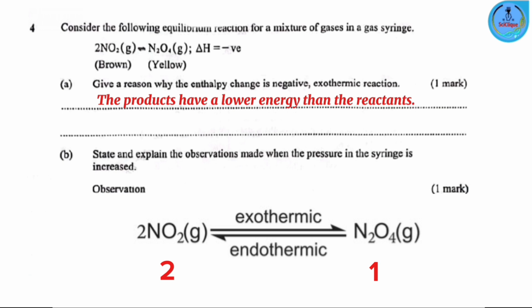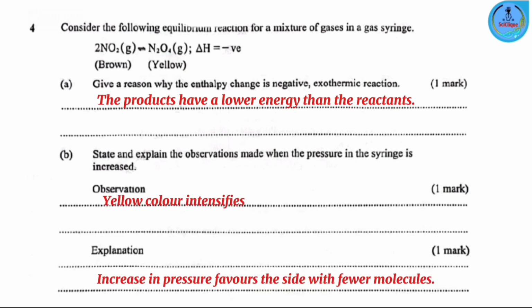So if you increase the pressure, it's going to favor the forward reaction, leading to the production of more dinitrogen tetraoxide. And what color did we say this was? Pale yellow. So if we have more dinitrogen tetraoxide being produced, that means that the yellow color is going to intensify. So there is our observation and its explanation.